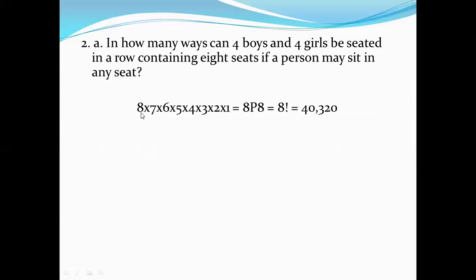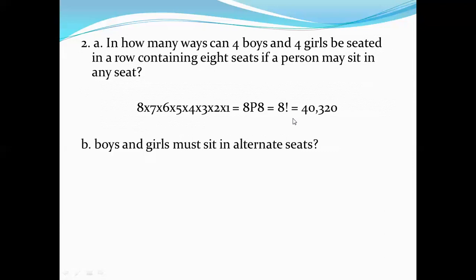So bakit 8? Kasi nga we combine the 4 boys and girls. Okay? So second seat, considering that the first seat is taken by any of the 8 persons. So 7 choices sa second seat and so on and so forth. So this is 8 factorial, or applying your permutation, that's 8 permutation 8. So you have 40,320.